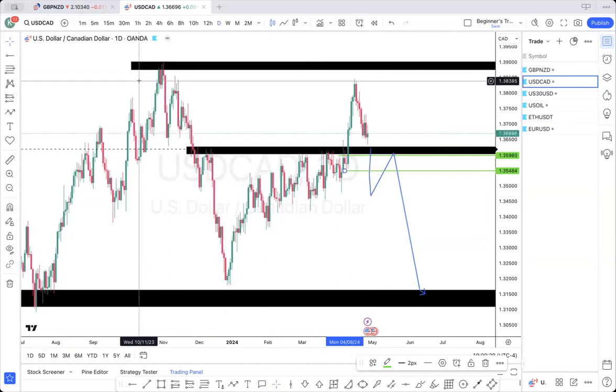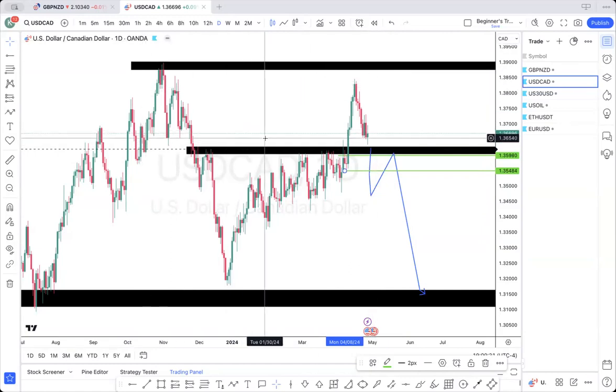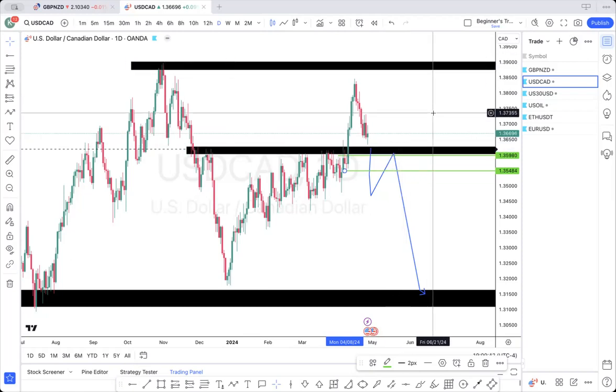And then I'm going to go down to the 15-minute, see if it broke any kind of structure. If it broke structure on the 15-minute, then I'm going to wait for it to pull back to then buy it. Step by step, just like that.